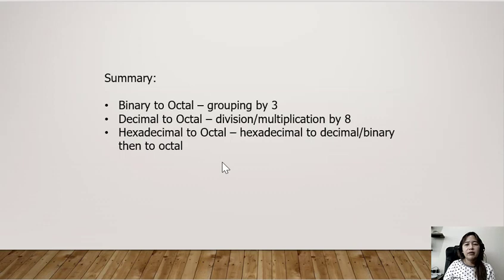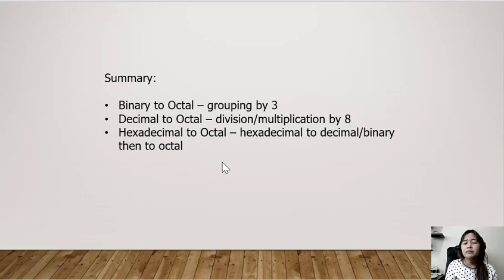Okay, so for this video, we learned how to convert binary to octal, and that is simply by grouping it by 3 and remembering the placement of 4, 2, 1. The other lesson is converting decimal to octal, which means dividing continuously by 8 if it is a whole number, and multiplying continuously by 8 if it is a decimal number.